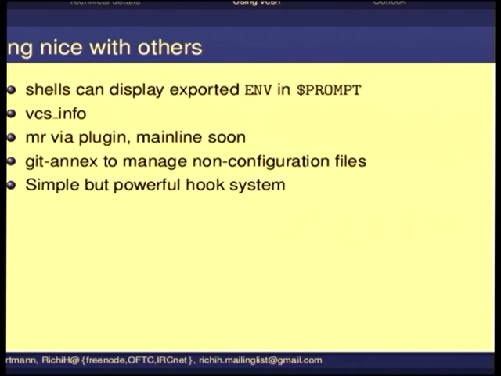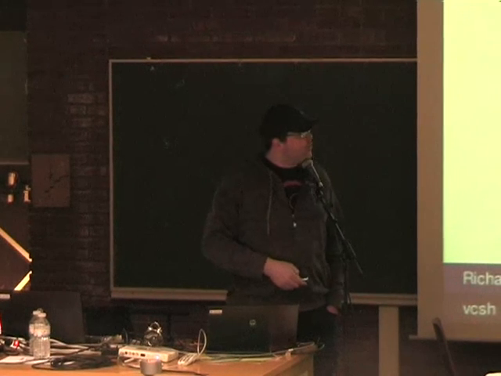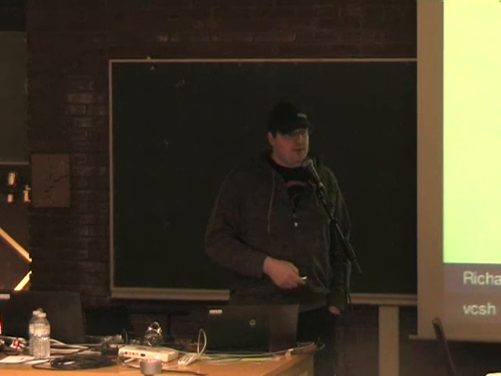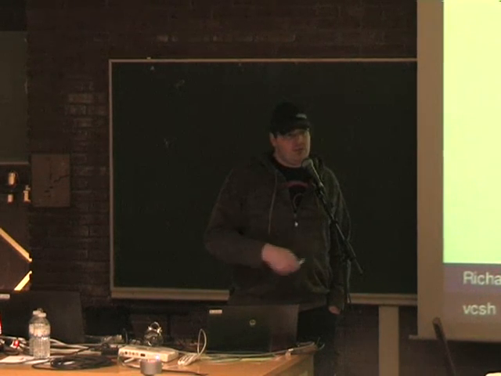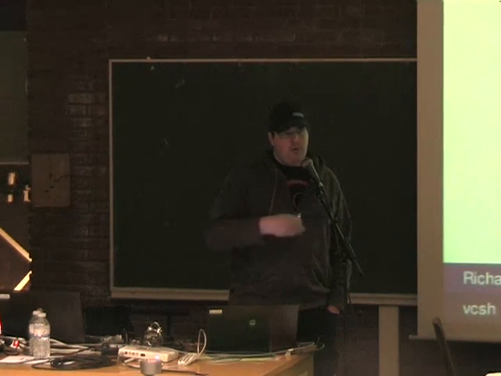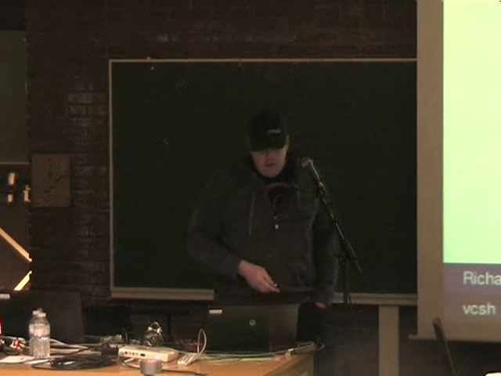Doesn't matter if Subversion, Mercurial, Bazaar, Git, whatever. And vcsh really integrates with MR. So basically, if you are on a new system, just check out your MR config, run MR up once, and it will pull all your vcsh repositories to your local machine and everything else which you want as well.